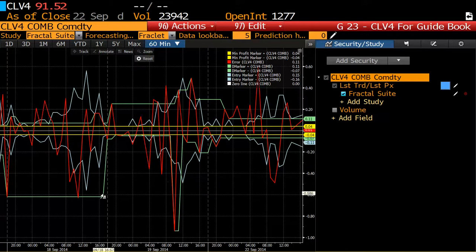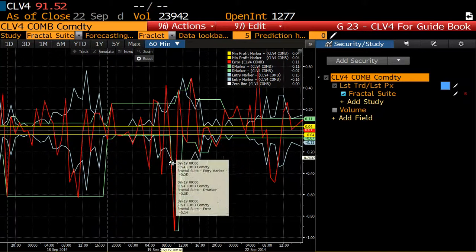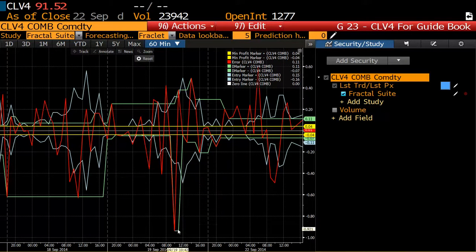You see here that the dynamic marker, which is communicating with the ARC, does not allow the error to cross through it. So what we can do is use this in conjunction with the original entry marker.